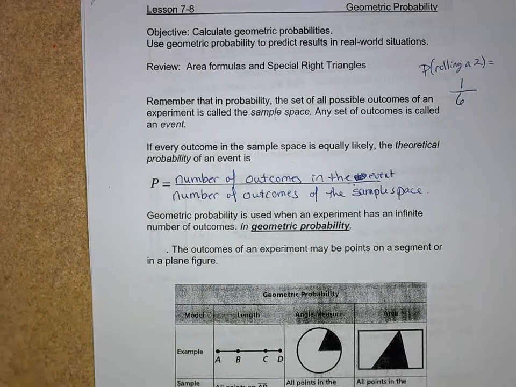So that is probability. Well, what's geometric probability? What do we do with that?